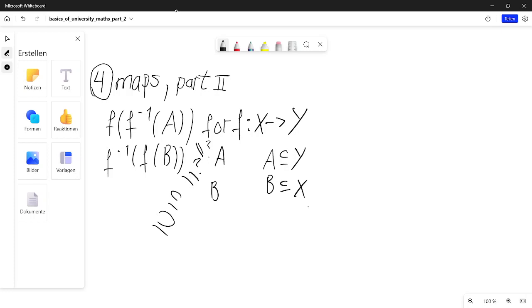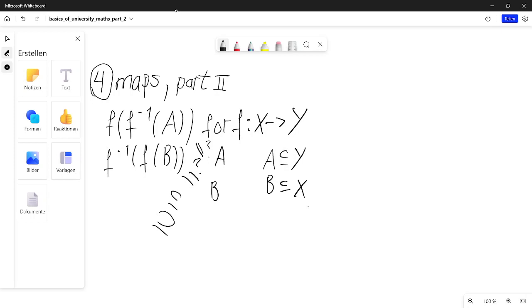Because if we take an element, right, this is a set, so I can apply the image to that, and we have that we apply f to some element of this pre-image, right?